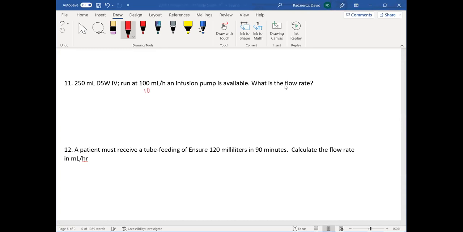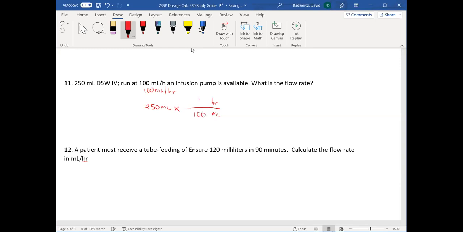Now, the way that I think this question should be asked is how long before this infusion we need to change it. So maybe that's what they're trying to get at, how long before we need to change the IV. In order to do that, and you may already know how to do this, I'm going to take my total, the 250, get rid of milliliters and calculate for hours.